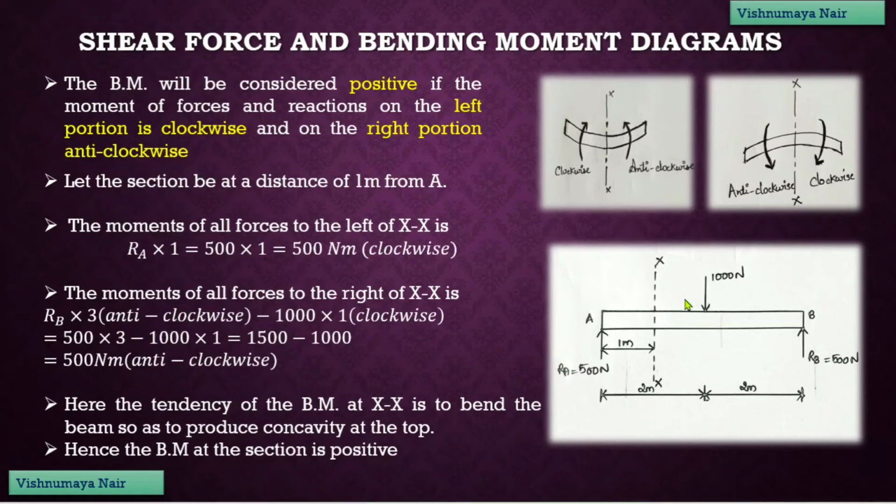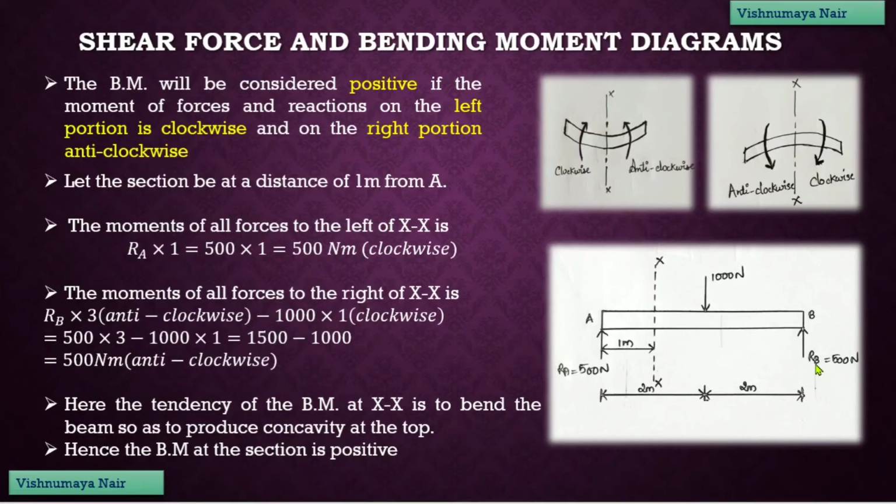Now on the right side of the section, we have one reaction force and one load. Now this reaction force is equal to 500 Newton and the perpendicular distance between this reaction force and the section is 2 plus 1, which is equal to 3 meter. And this reaction force has the tendency to rotate the beam in the anti-clockwise direction. And we know that if the moment is in anti-clockwise direction on the right side of the section, that moment is considered as positive.